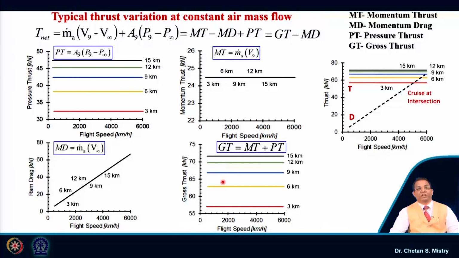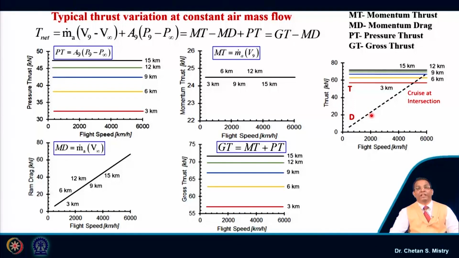Now, in terms of overall understanding, we can look at the thrust, or net thrust, versus the flight speed. We can see here this linear, straight line representing my thrust, which is nothing but my gross thrust, and downside it represents my drag. If we look carefully, for the lower speed my thrust will be higher compared to my drag.